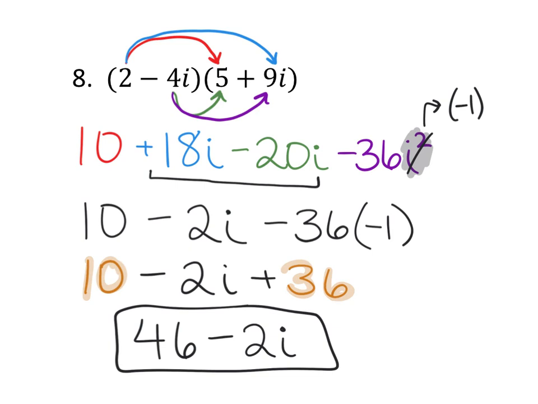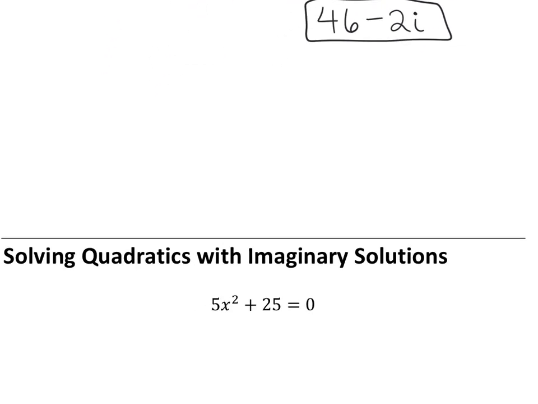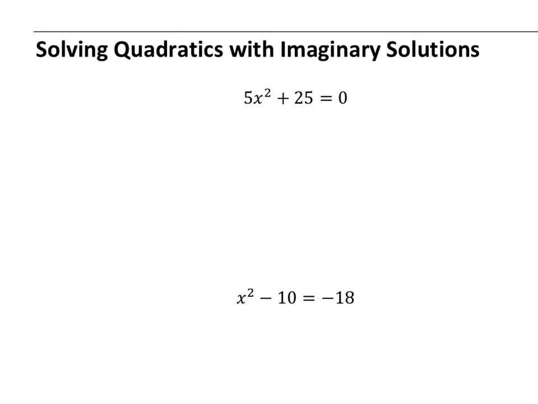So that's just arithmetic with complex numbers. We're adding or subtracting, we're multiplying. But the reason that we learn all of these things is because this is within the unit called solving quadratics. Now, these quadratics are going to have imaginary solutions.